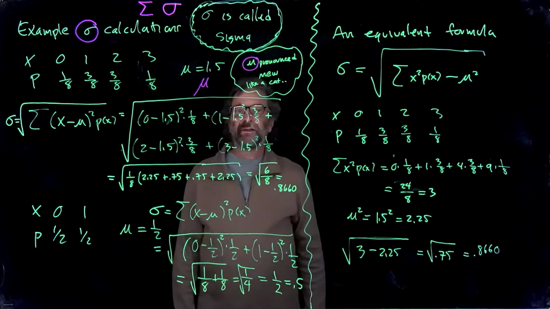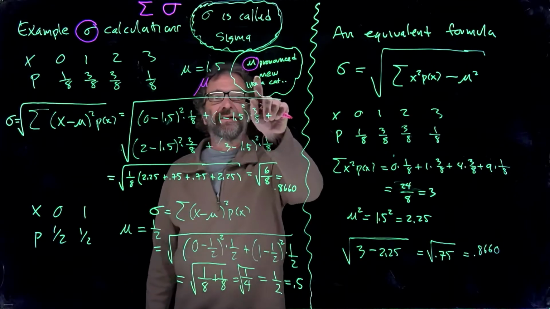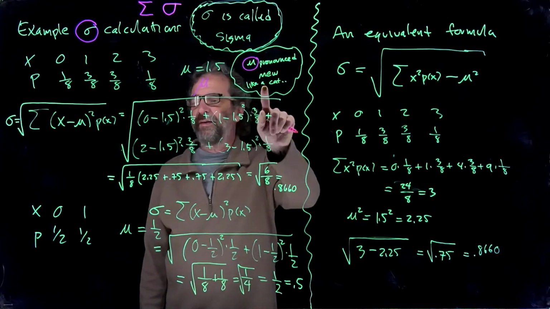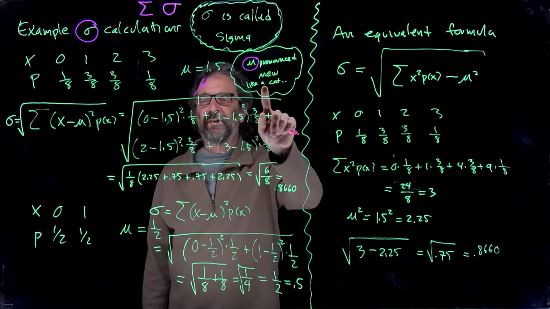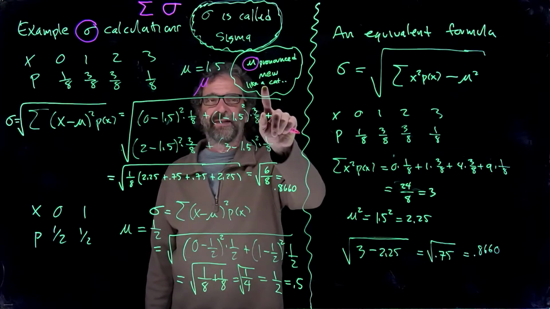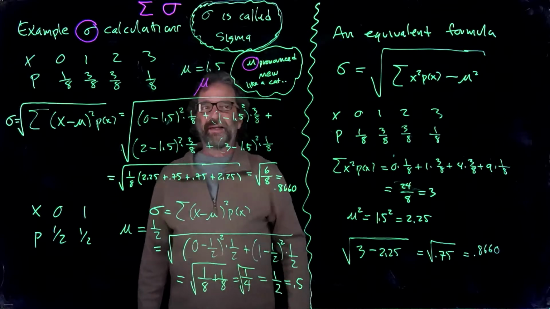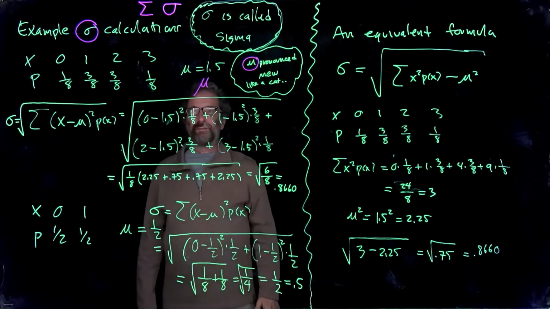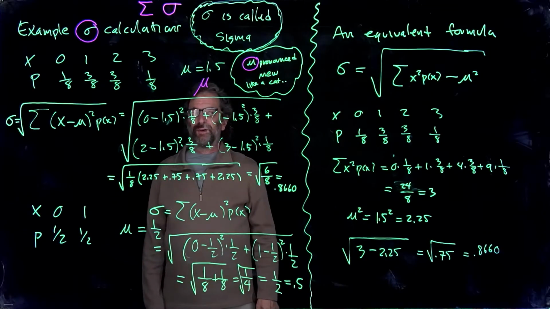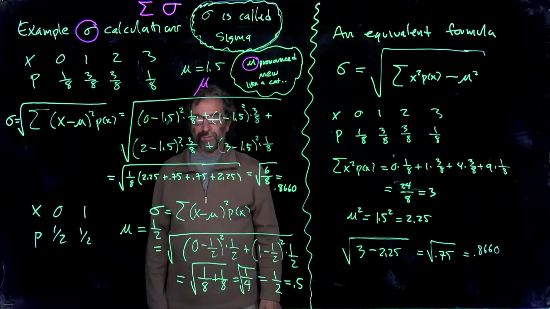And the way you pronounce the letter is mu, like a cat would make a sound, or how we think cats make sounds. They don't make exactly a mu, but we write it as mu. So mu and sigma, don't say moo like a cow, because it's not moo, it's mu like a cat.